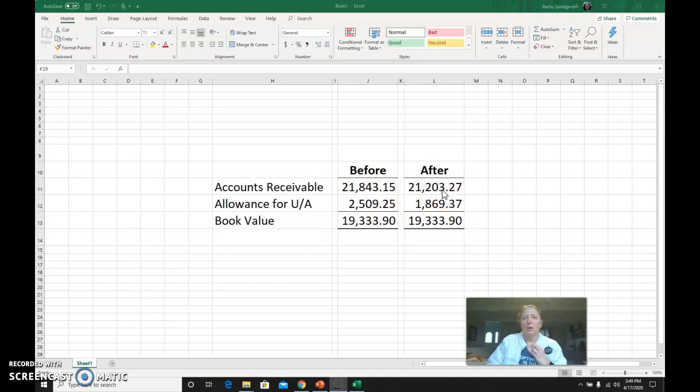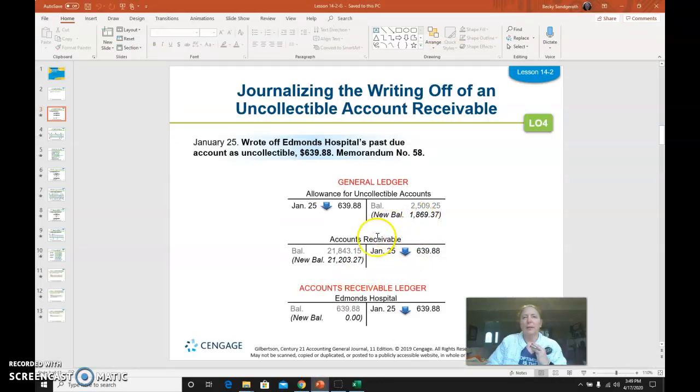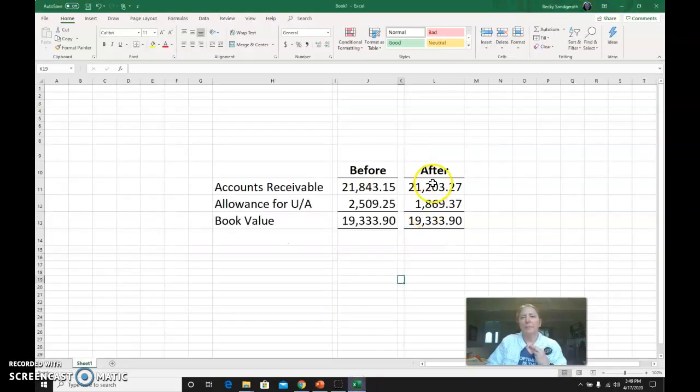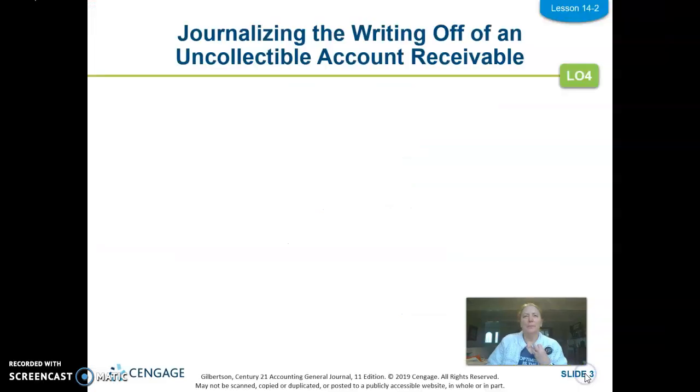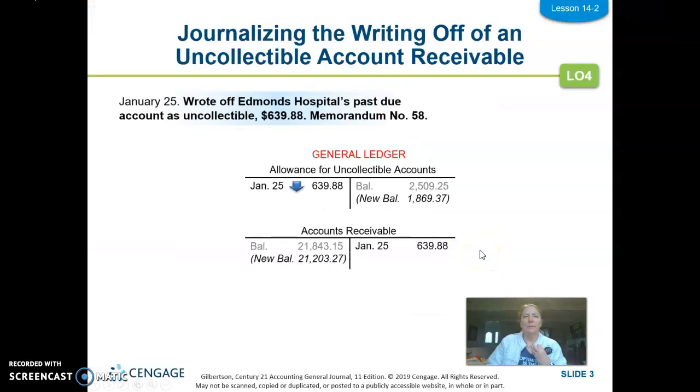After we write them off, and in case you're not believing me, our new balances are $21,203 and $1869. And our book value is still $19,333. I wanted to make sure, because a lot of true-false questions will ask about book value. So book value is not impacted when I write off that account.